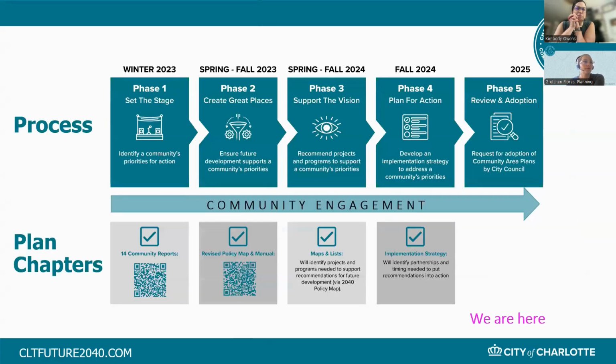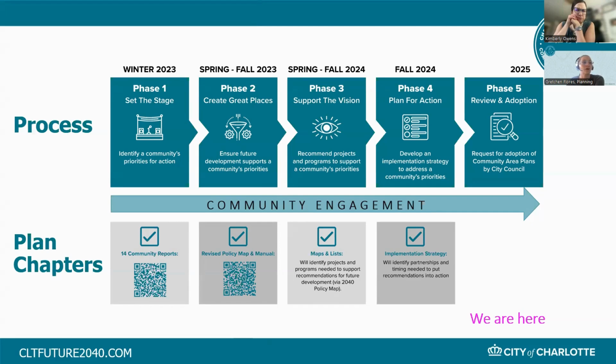Now, in terms of where we've been with this process, this has been a 2-year process, which really started in 2023, and we're wrapping up that process now with review and adoption. In phase one in 2023, what we really did was we started to identify some of the community's priorities for action, and that was done through a series of workshops going out in the community and asking, did we get the mapping piece right?